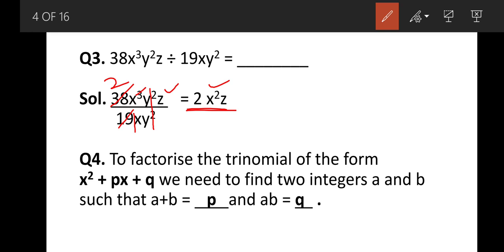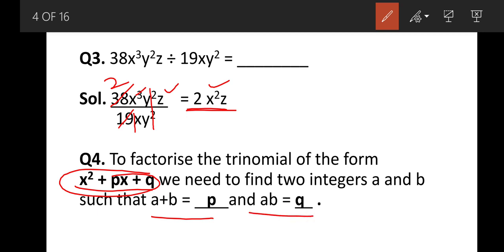We have done this question earlier also, and dear children, you are supposed to relate this trinomial, x square plus px plus q, to the right hand side of the fourth identity, that is x square plus a plus b into x plus ab. If you relate those two, you will find a plus b is equal to p and ab is equal to q.